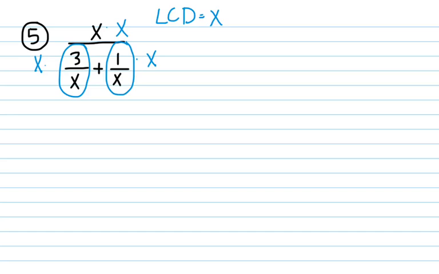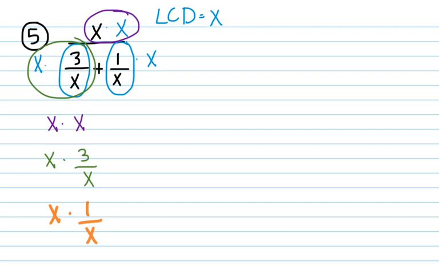So let's look at those. For x times x in purple, I get x squared. For x times 3 divided by x in green, I'm going to get 3x divided by x, which you probably remember simplifies to just a 3 because x divided by x is 1.